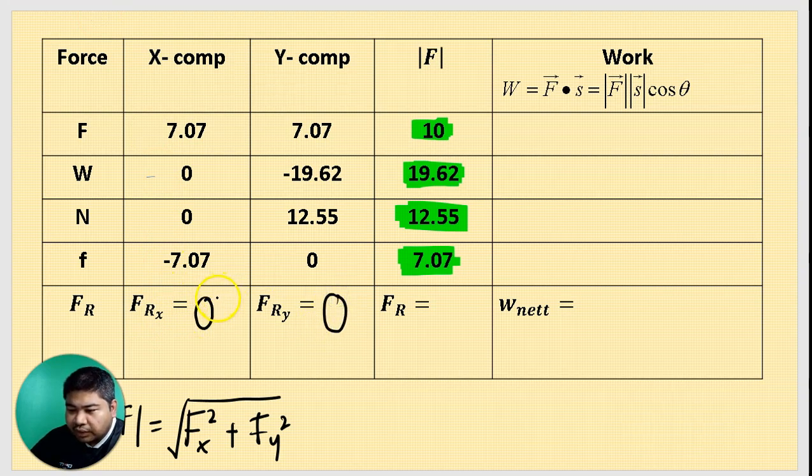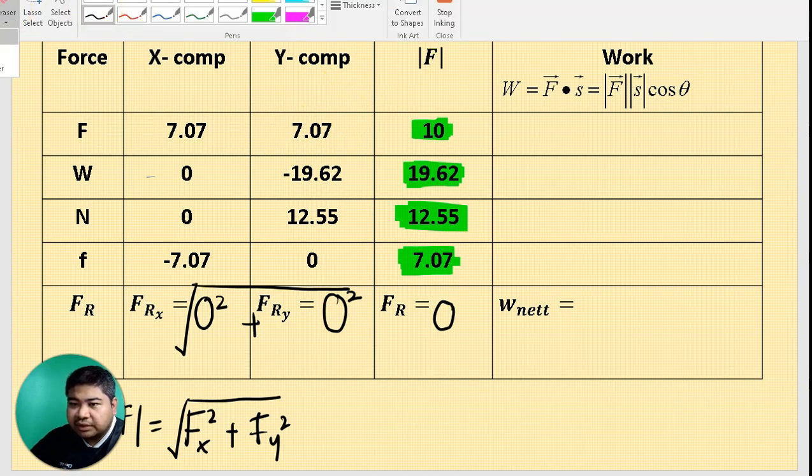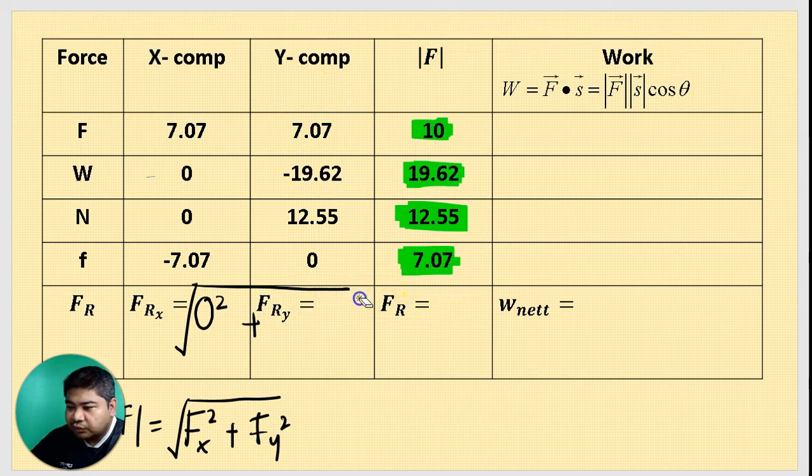So if you square 0 plus FRy squared, so 0 squared plus 0 squared, and then square root, to get the value of FR, you are going to get 0. Okay, so that is how you calculate the magnitude of the force, using the Pythagoras theorem. I hope you can see that. So FR is 0, so I'm going to erase this part here.